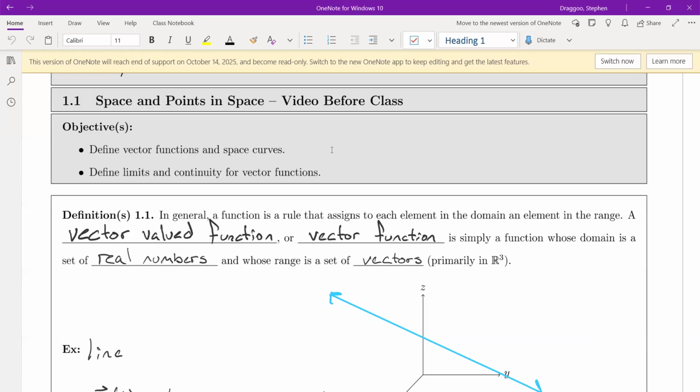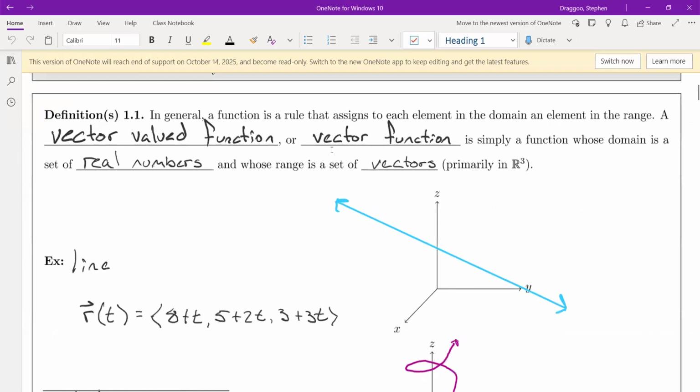Vector valued just means that I'm looking at vectors as a value instead of just scalars or real numbers. So don't get too tripped up by that phrase. Or if we're not being pedantic, we'll just call it a vector function. It's probably what we'll do most of the time.